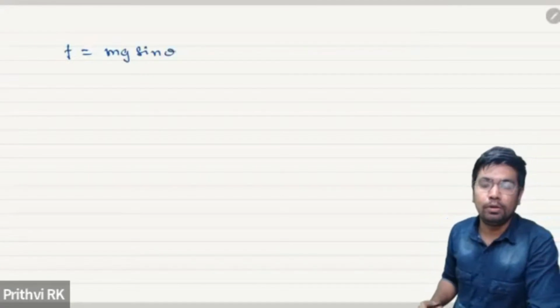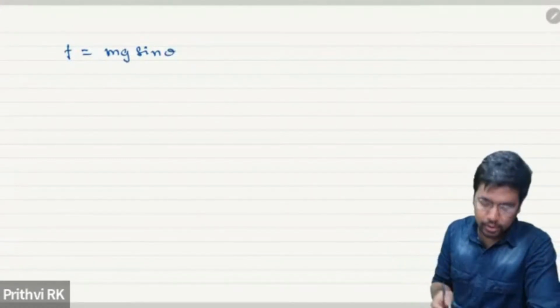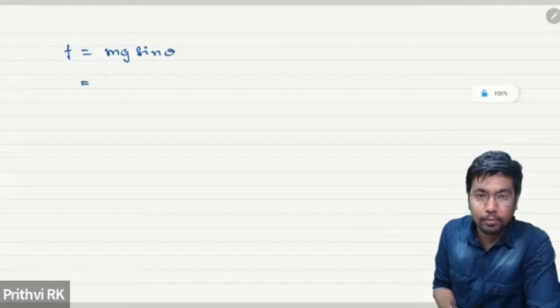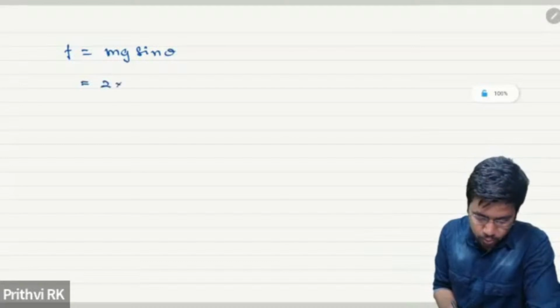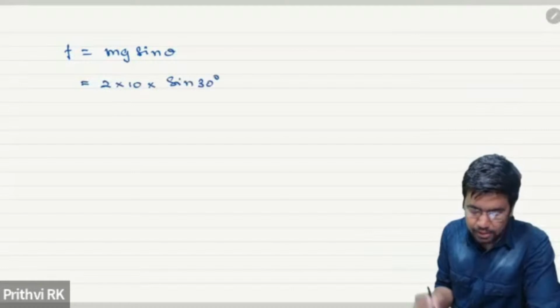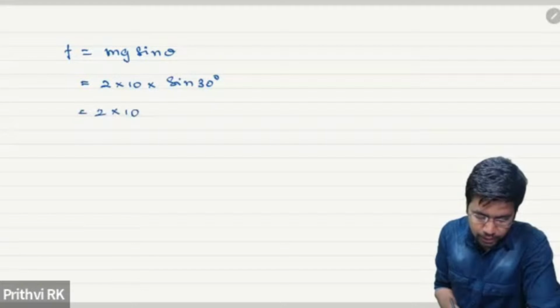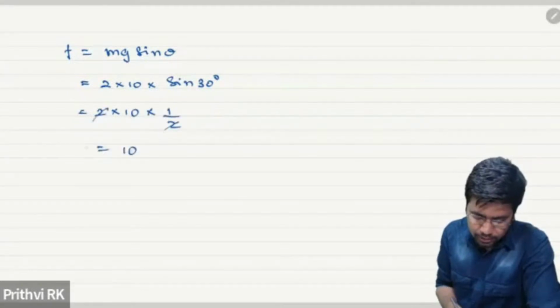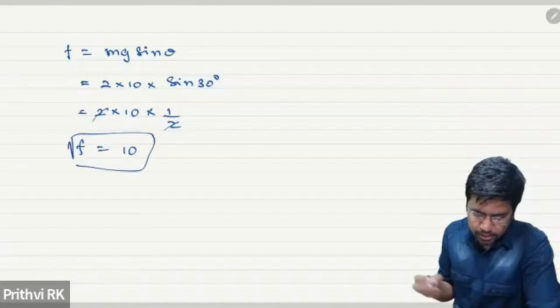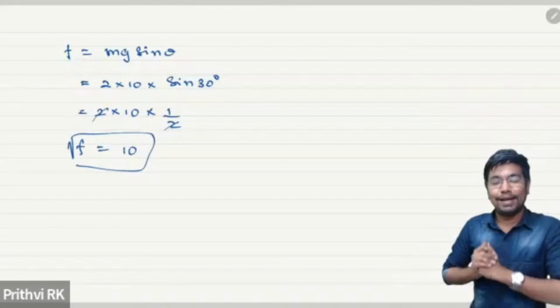One is cos component, the other is sine component. So here what I'm going to do is, again, mass is 2 into gravity is 10 into sine 30 degree. So 2 into 10 into sine 30 is 1 by 2. So 2 gets cancelled. Then here the value will be what? The force here is 10.